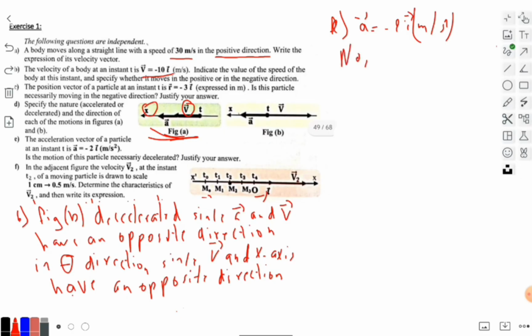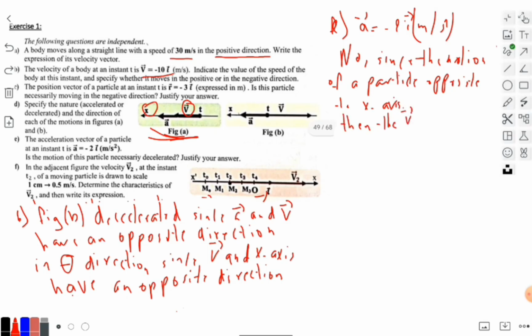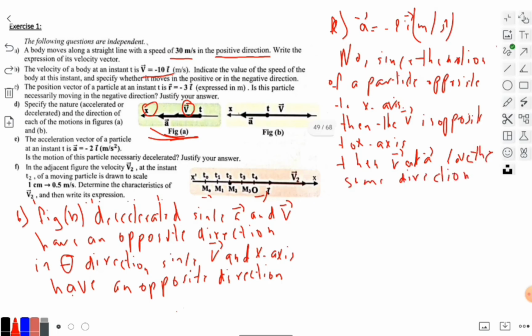No, it's not necessarily decelerated motion, since the motion of a particle opposite to x-axis, then the v vector is opposite to x-axis, then v vector and a vector have the same direction, then accelerated.